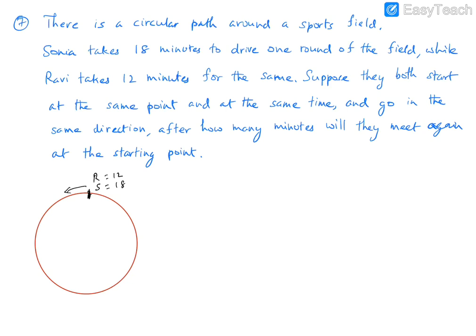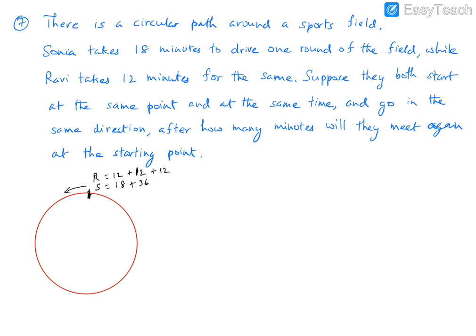When Ravi completes the second round, he would have spent another 12 minutes, so that will be 24. And when Sonia completes her second round, she would have completed that at the 36th minute, right? It's because each round Sonia takes 18 minutes. But Ravi has already completed 2 rounds in 24 minutes. And when he does the third round, that's another 12 minutes.